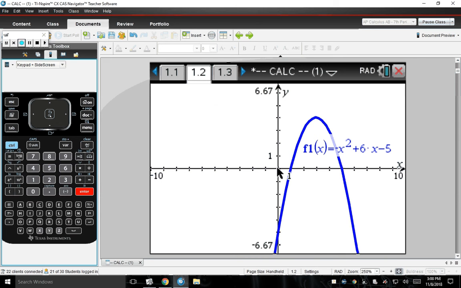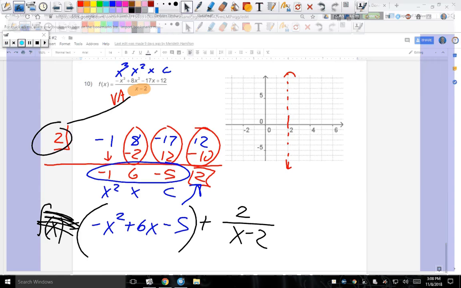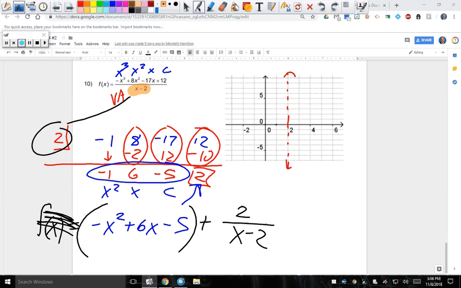So if we were to graph this, let's go back. 1, 2, 3, 4, 5. So 1 and 5 at about 4. This right here would be your end behavior asymptote that the graph would approach but never hit.